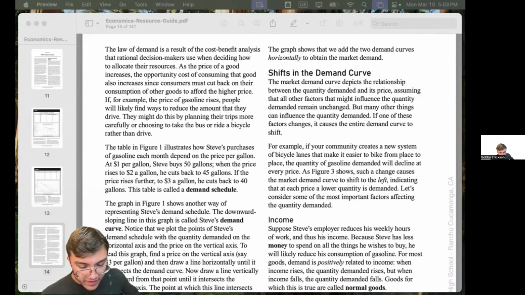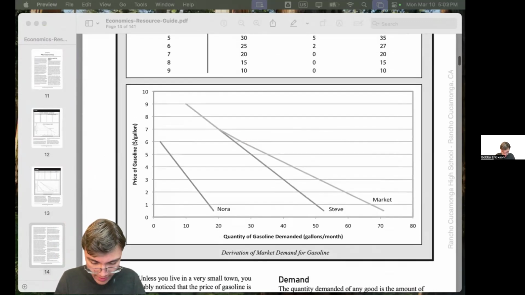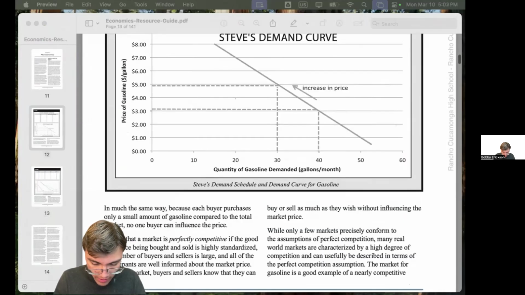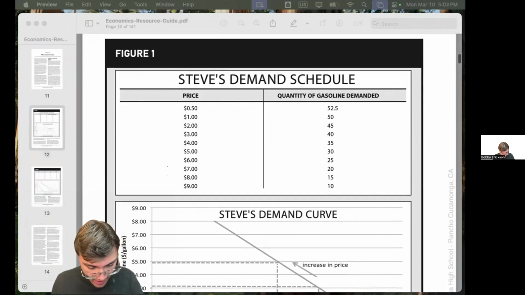Then in the table in figure one, we get to see what's known as a demand schedule. A demand schedule shows the purchases of an individual based on the price. If we take a look at figure one now, we have a demand schedule here.